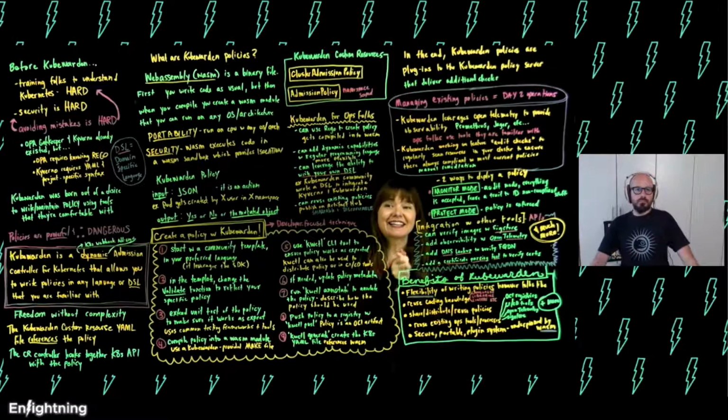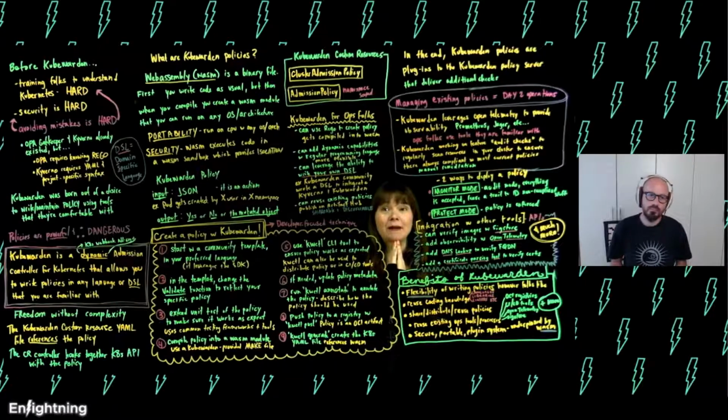In talking about WASM, this is the first time we're touching WebAssembly as part of Enlightning. Although I've heard about it peripherally, this is the first time I've really had to think of a definition or truly understand what it is. So what is WebAssembly? It's a binary file.